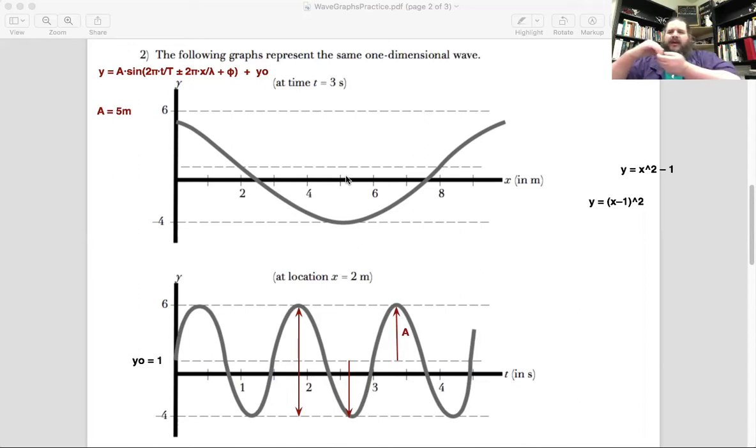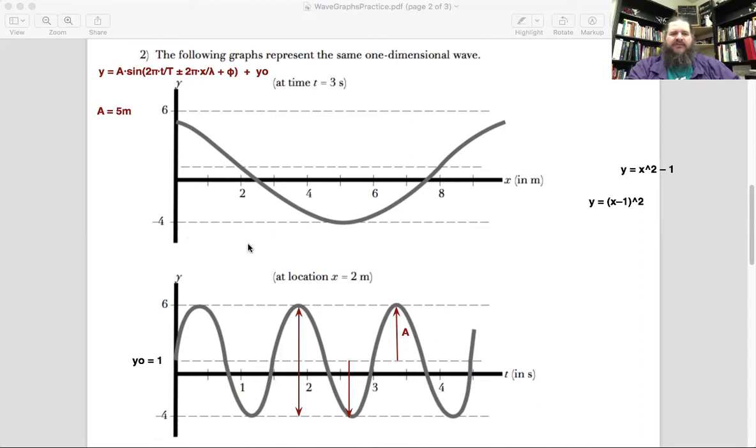But the thing is, since the wave is in motion anyway, it's probably best to think of phi not as moving the wave, because it's already moving, but really phi is more about these starting conditions. Because in terms of the starting conditions, let's say we're talking about time 0, the beginning of the experiment, and position 0, the location we're calling the origin.